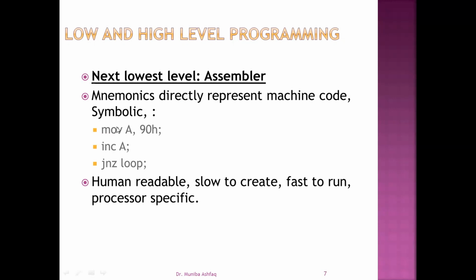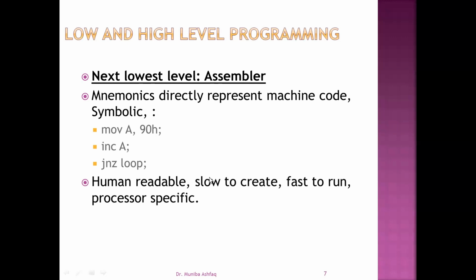Like we have some English-like abbreviations to do certain tasks, like MOV for move, INC for incrementing a value, and JNZ for jump when the value is not zero. So these are a little better version as compared to the strings of ones and zeros. In terms of the programmer, we have this version which is easy to remember and understandable for a programmer.